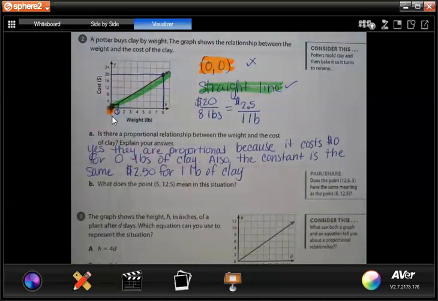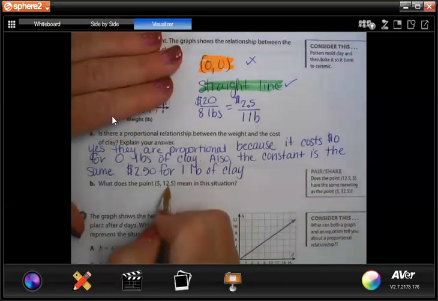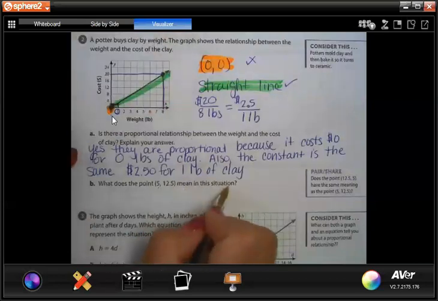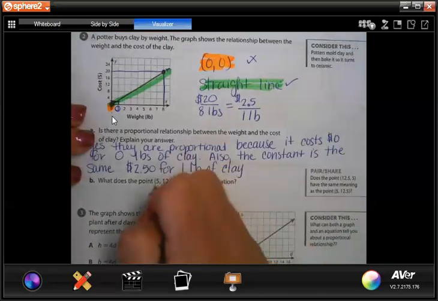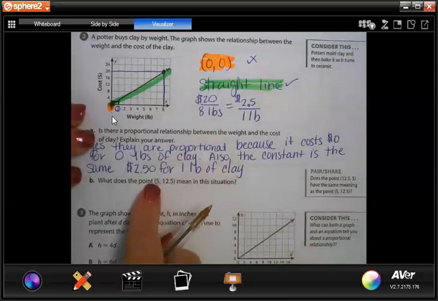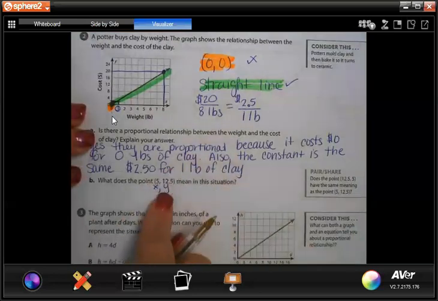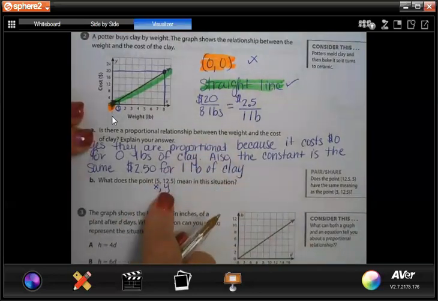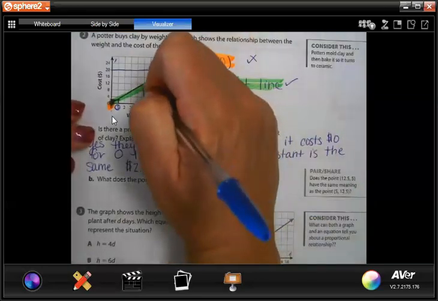Okay, all right. Next, what does the point 5, 12.5 mean in this situation? So remember, this 5 comes from the x-axis. The 12.5 comes from the y-axis because that's how you graph coordinates. So that point would be right here, 5, 12.5.